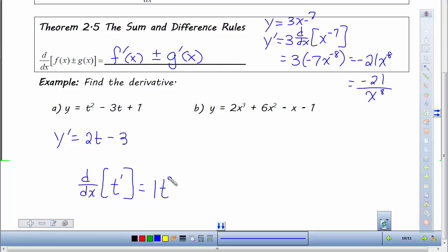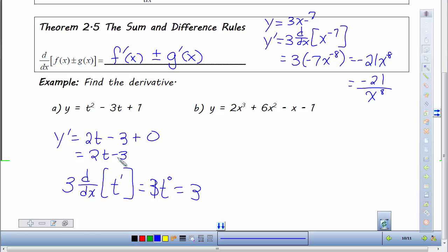So the 3 just kind of went along for the ride. It was 3 times the derivative of t to the 1. So we already had this 3, t to the 0 just gets 3. The derivative of a constant is 0. We could say plus 0, but that's just 2t minus 3.